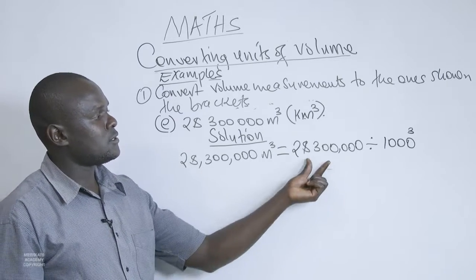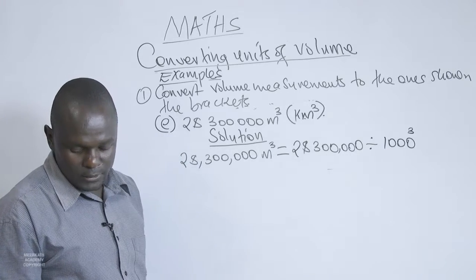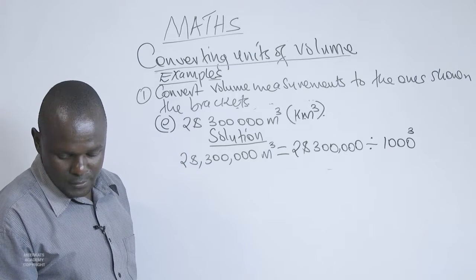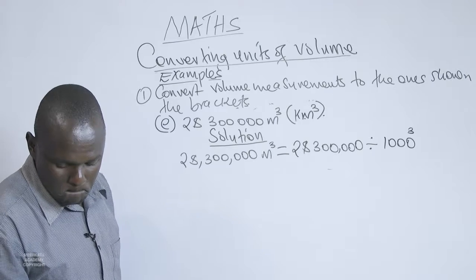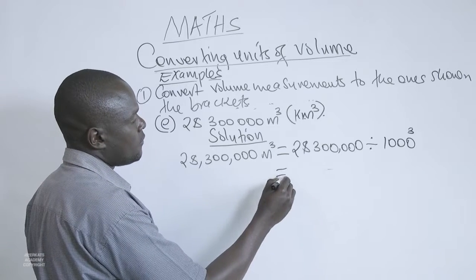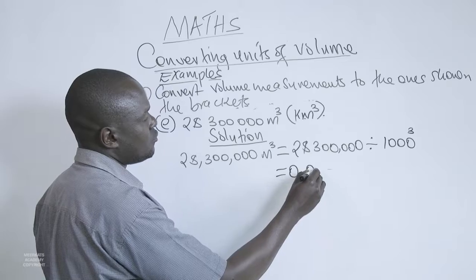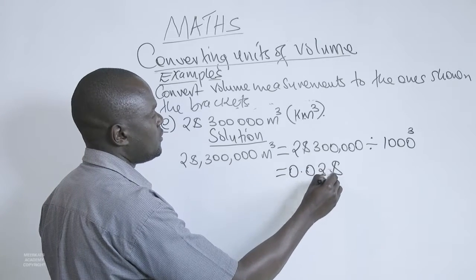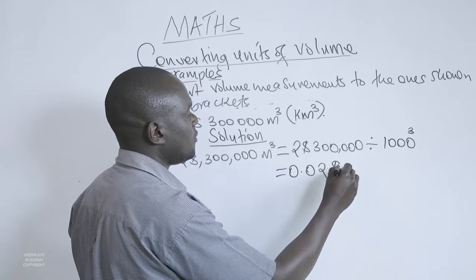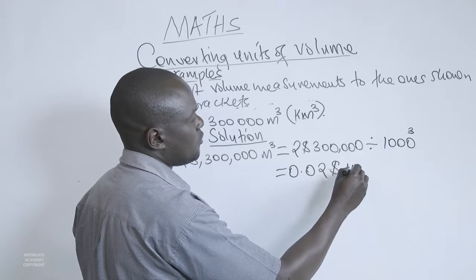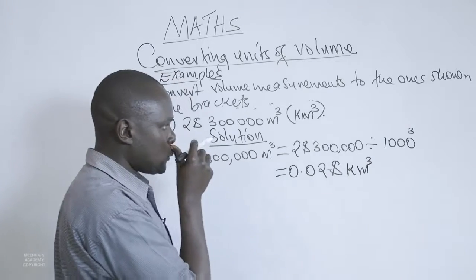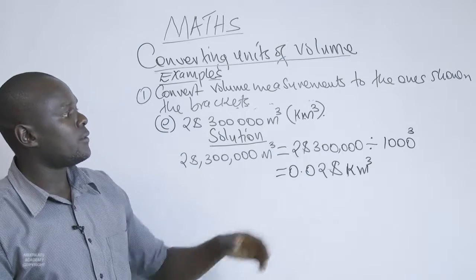So when you divide this number by 1 billion, it is going to give us 0.0283 cubic kilometers. This is one way in which we can do that.